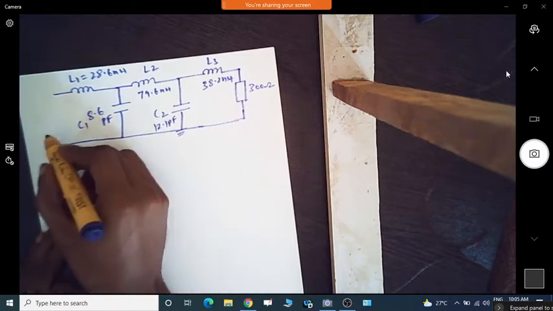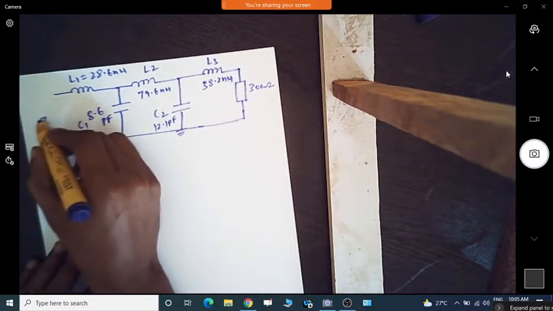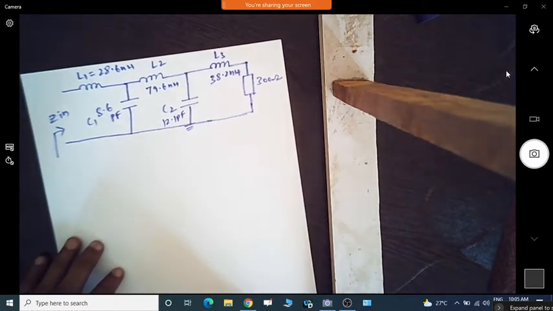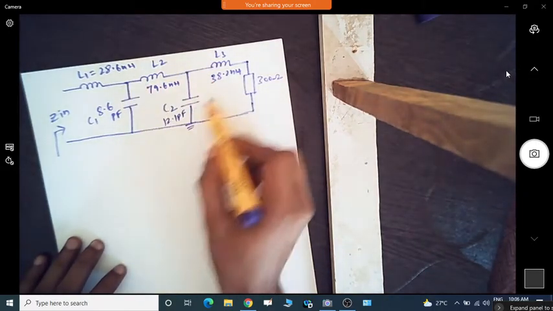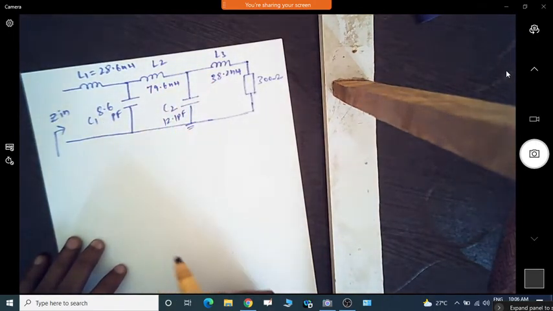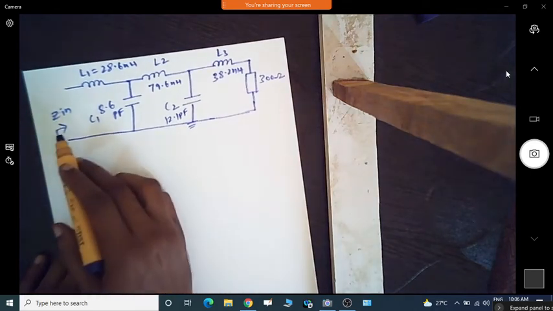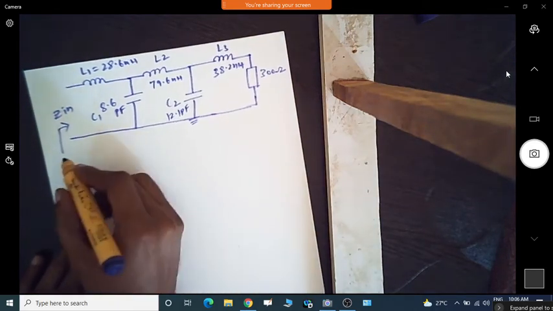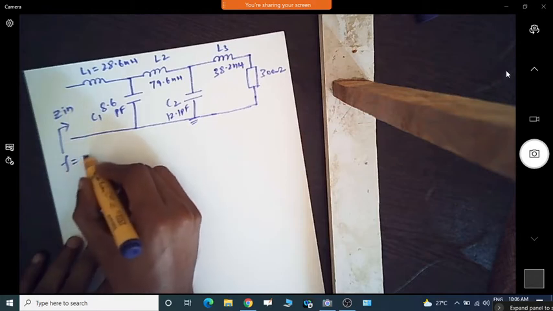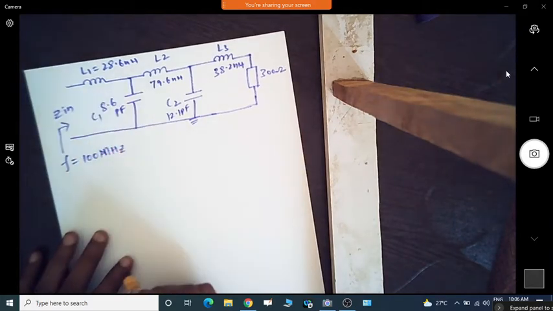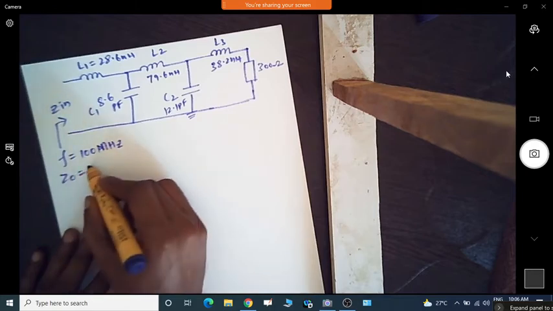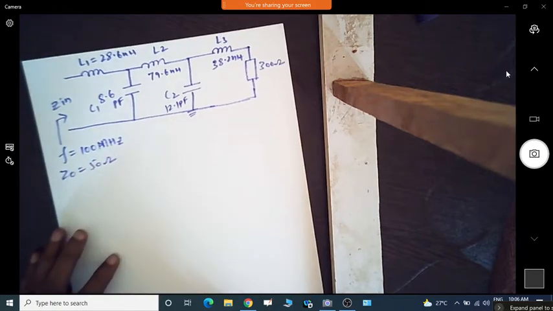Now we have to find the input impedance. These are all the series and parallel elements. The frequency given is 100 megahertz, and Z0 is given as 50 ohm.